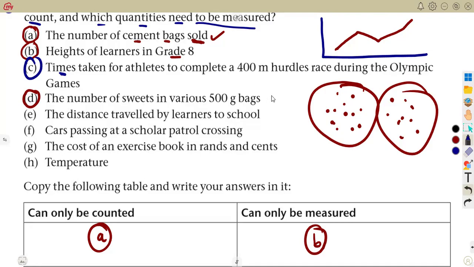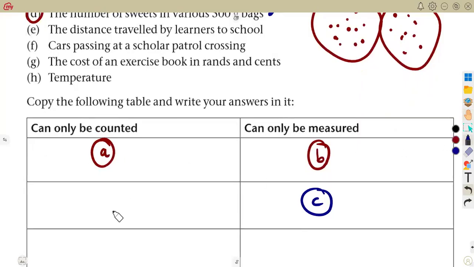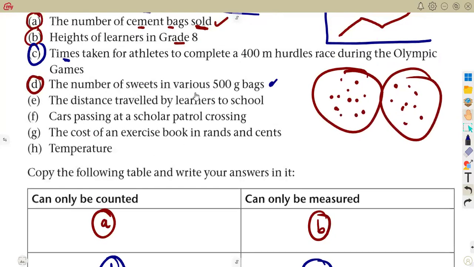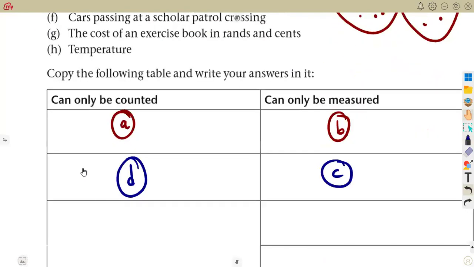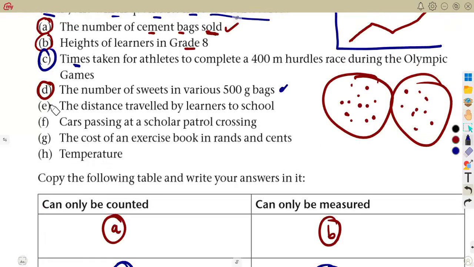So this can be counted, and D will be written under can only be counted. But you guys are writing the answer as it is, the number of sweets. Where I'm writing D, you write the answer. I hope you understand what I'm trying to say there, because of time.